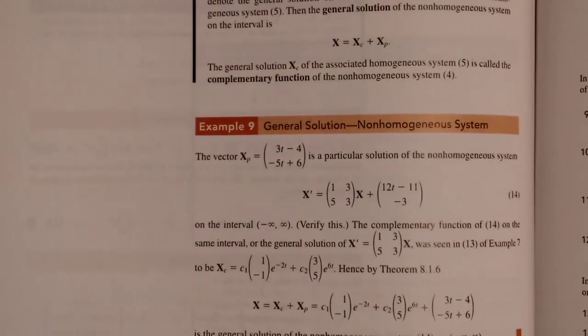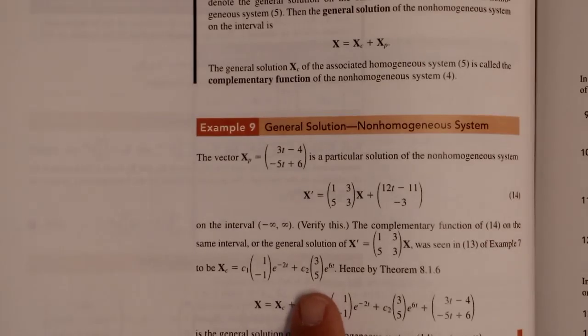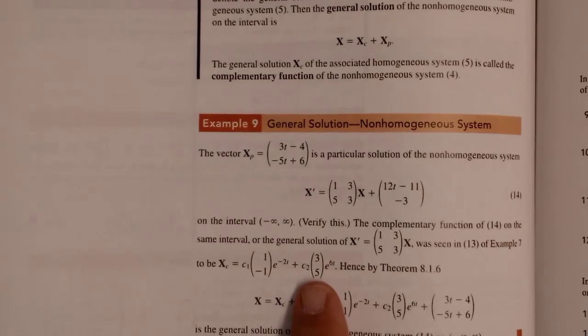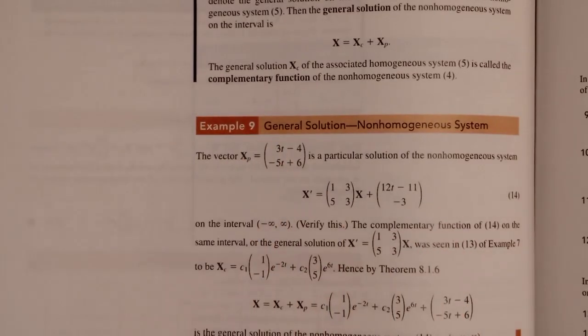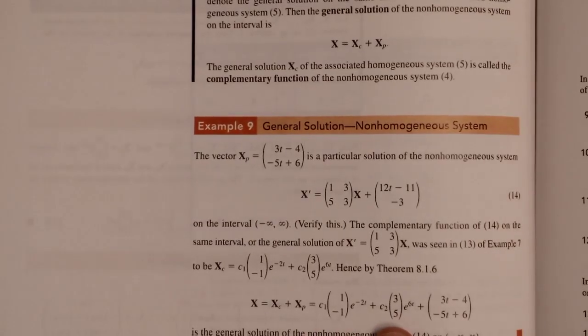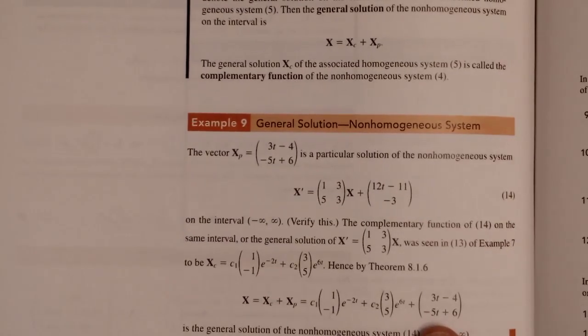Please notice, we're given a solution vector with e to the negative 2t in it. We're given another solution vector with e to the 6t in it. And then we're given a particular solution. So C1 times the first vector times the function, C2 times the second vector times the function, and then my particular solution.